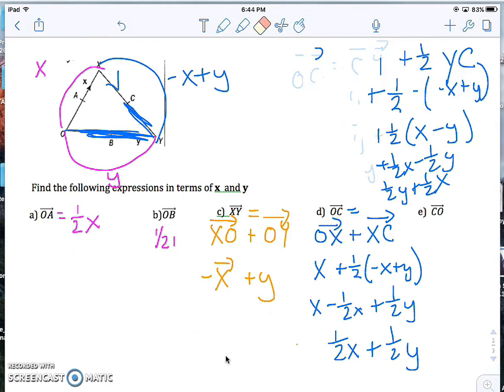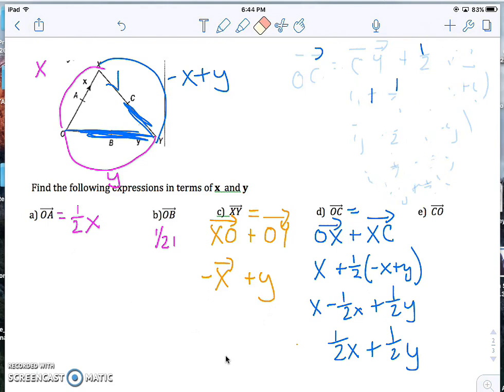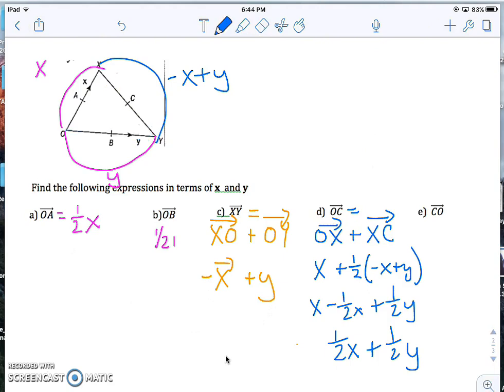All right, and the last thing we're going to take a look at, this last one here. How do we get from C to O? This is the direction that we know. If we went this way, it'd be C to Y plus Y to O. C to Y is half of it, and it's going this direction.